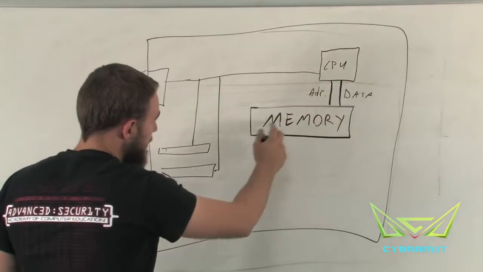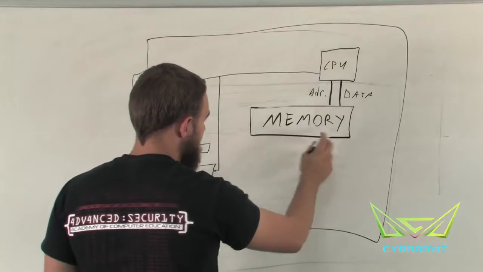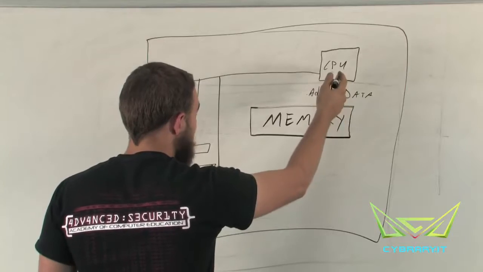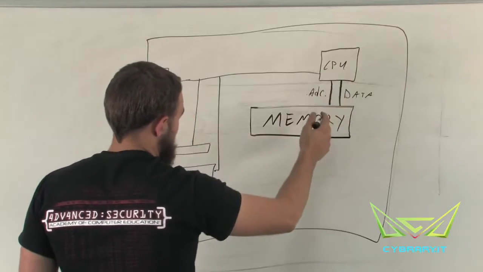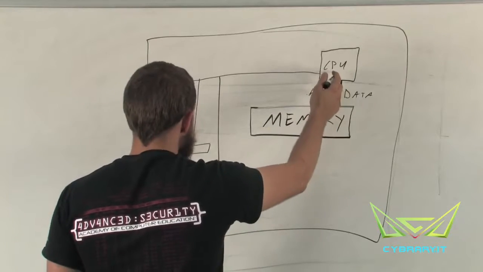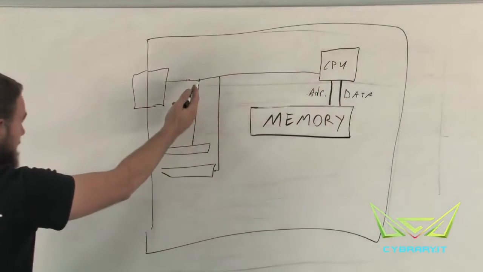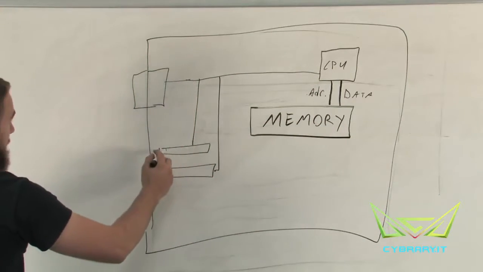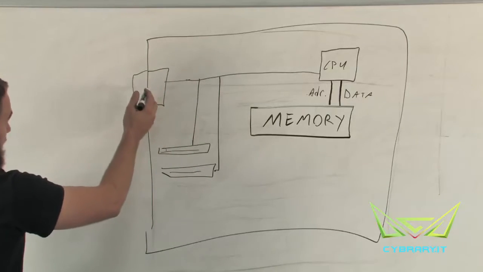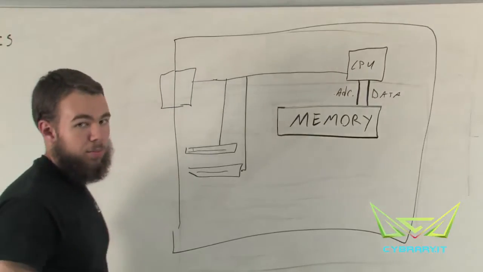The CPU will push that information onto the memory so it can store it while it's thinking of additional equations and processing. And then the CPU and the memory talk back and forth until the CPU has an output and wants to send it back to our PCI slots or our output, which will then display on our screen.